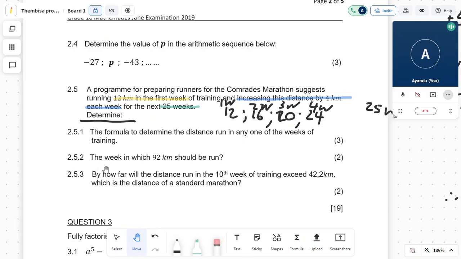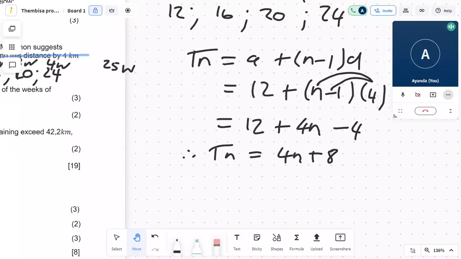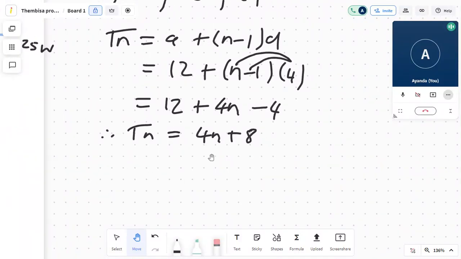And that's our formula for determining the distance on any week. 2.5.2 asks, determine the week in which 92 kilometers should be run. So what we're going to do is use the formula that we've just made, and we're going to look for n, the week. So 4n plus 8 must give us a total of 92 kilometers.